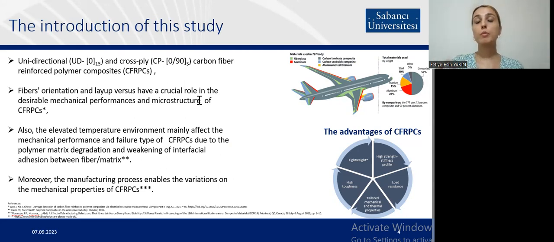Carbon fiber reinforced composite materials have several advantages such as light weight, high strength, stiffness, load resistance, high toughness, and tailorable mechanical and thermal properties. These engineering applications prefer to use composite materials.